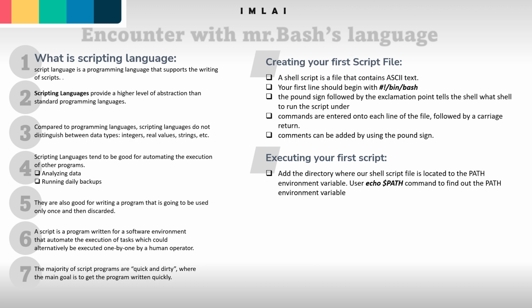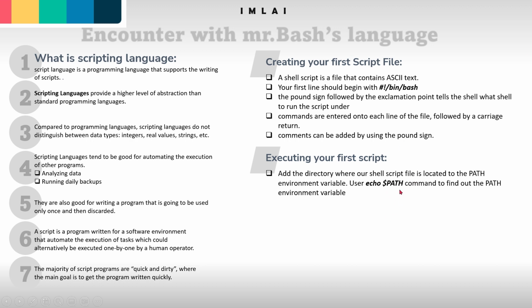Now, to get the shell to find the test1.sh script, we need to do one of two things. The first one is to add the directory where our shell script file is located to the path environment variable, and then you can use echo and then dollar symbol and then path.